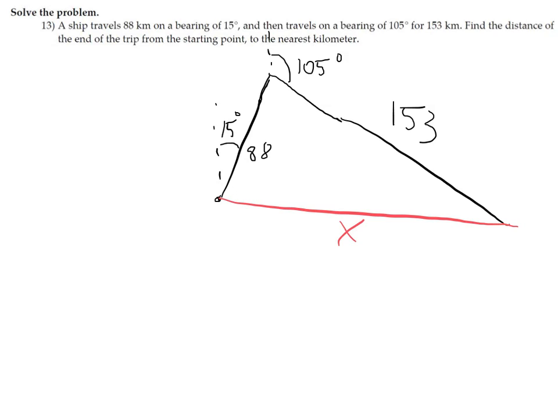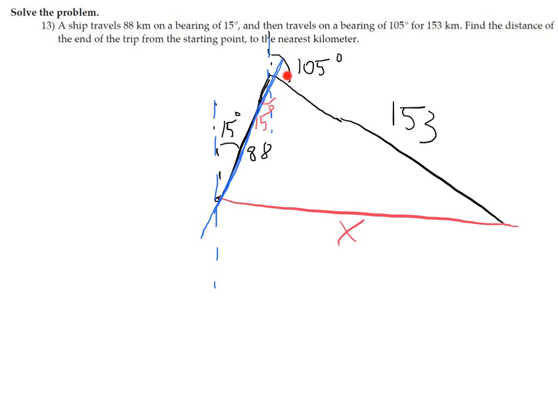So this is now how we go. Very often, especially with bearing problems like this, we have parallel lines. That's the north-south direction. And we have a bisector. That bisector, opposite angles will be equal. So in other words, this 15 degrees will be the same as this 15 degrees. Alright, that helps. So let's put a little 15 degrees in there. Next, 105.